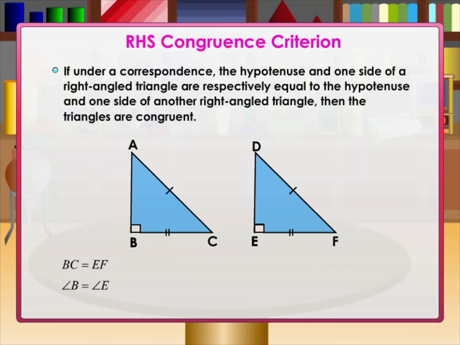Angle B is a right angle, which is equal to the right angle E. The hypotenuse AC is equal to the hypotenuse DF. Therefore, by right angle, hypotenuse, side congruency, the triangle ABC is congruent to triangle DEF.